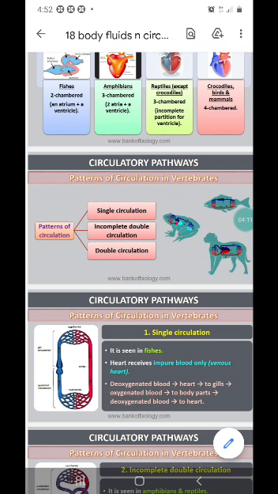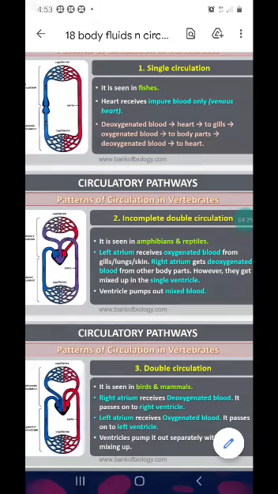Okay, and there is also incomplete double circulation, and there is also double circulation, which I'll just say now. See, in single circulation, for example in fishes, the heart receives impure blood from all the parts of the body, and this deoxygenated blood is sent to the gills for getting oxygenated.